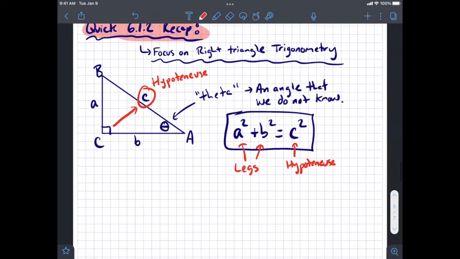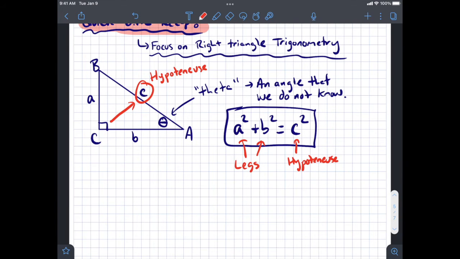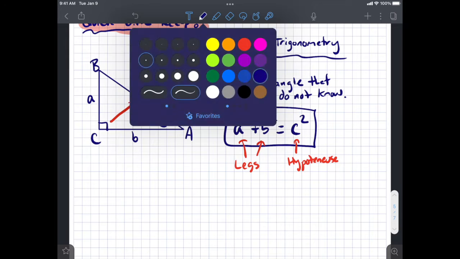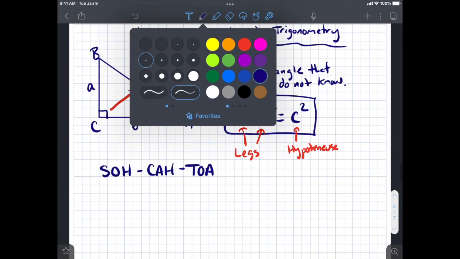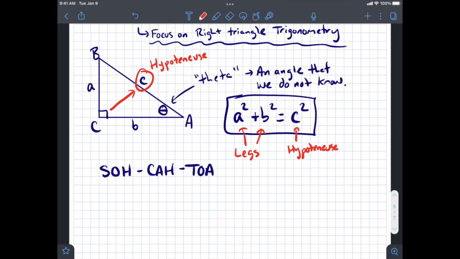Now, beyond our Pythagorean theorem, one of the things that we talked about is that we can use ratios of sides to describe our angles. We learned about this thing called SOHCAHTOA, which is a shorthand way for us to remember what our three basic trigonometric functions are and what their relationships are in a right triangle. SOHCAHTOA is represented as sine of our angle, theta, is equal to the opposite over the hypotenuse.